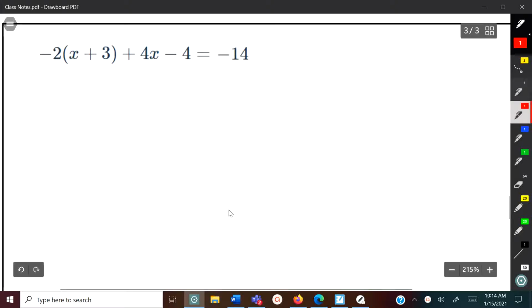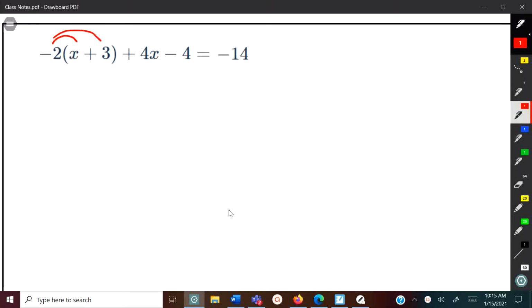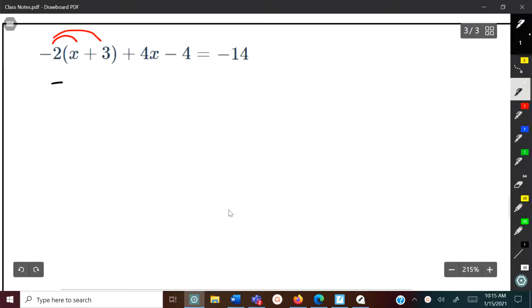So the first thing we're going to do is do the distribution. We'll do a negative times a positive, which is a negative. Negative 2x. There's always an understood 1 right here in case there's no number.